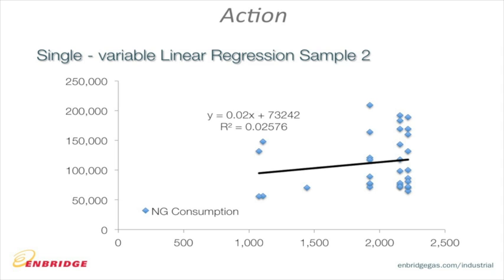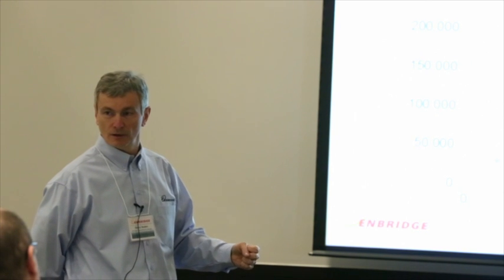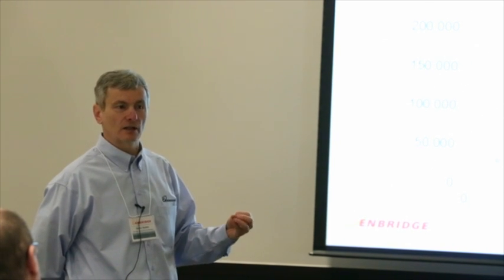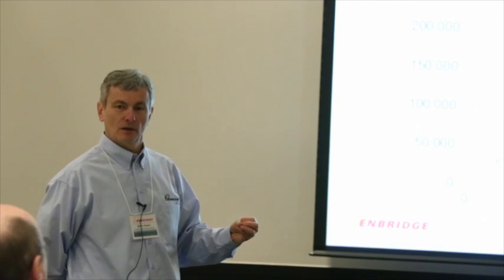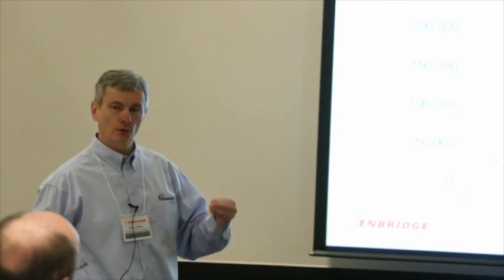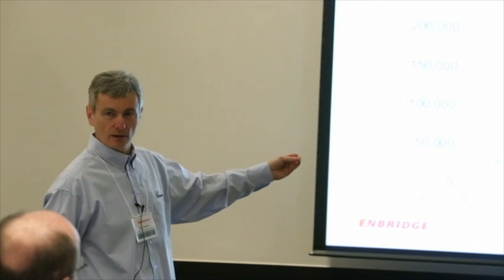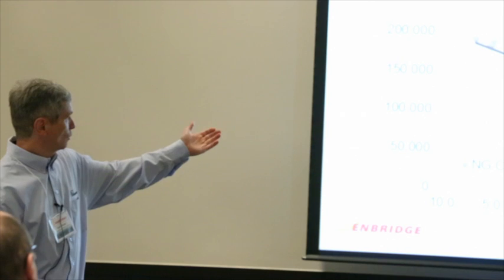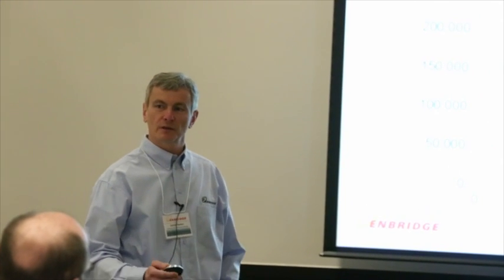So you intuitively know that this does not properly explain my energy usage. And that's how you should really look at linear regression results. Don't focus on R squared, don't focus on the numbers, focus on what it looks like. You can tell that this one looks much better than this one. But they're both equally valid. So you need to understand, you need to interpret the data.